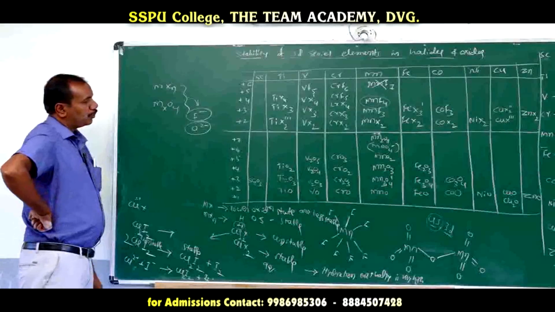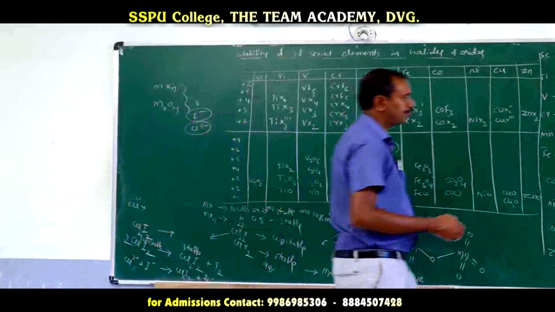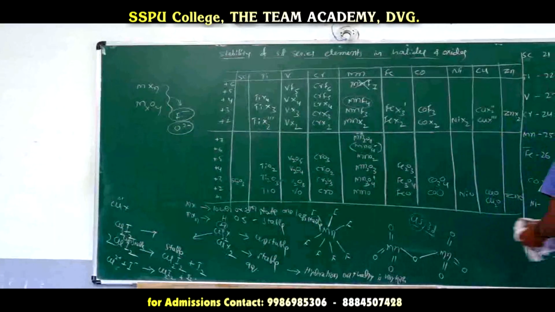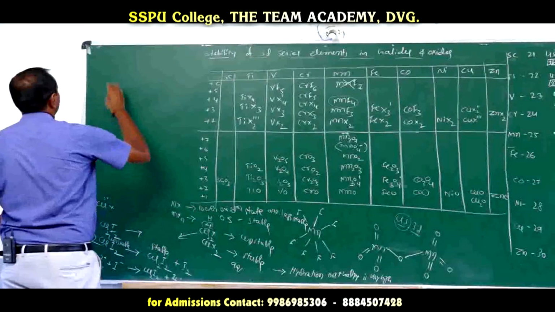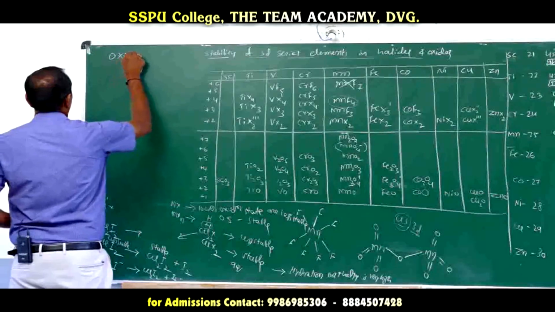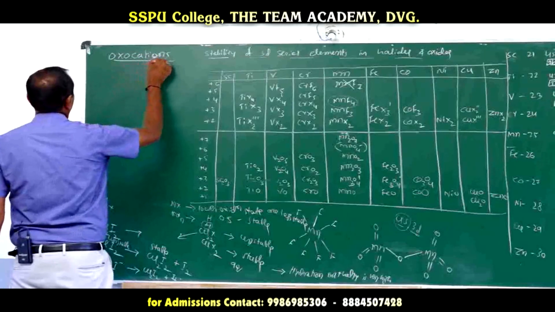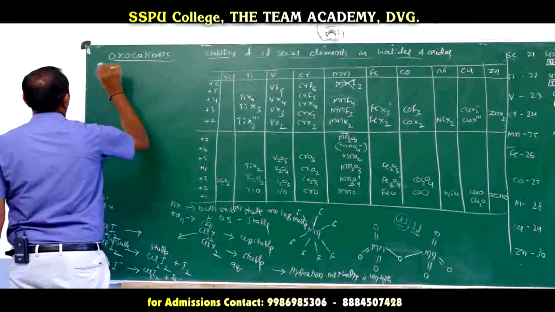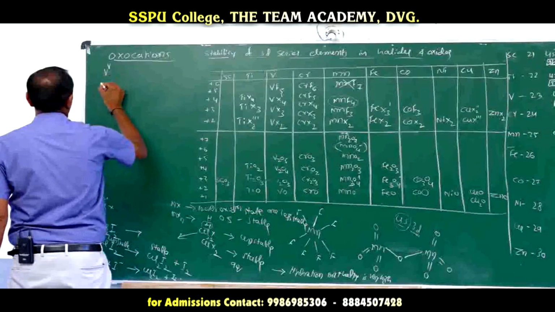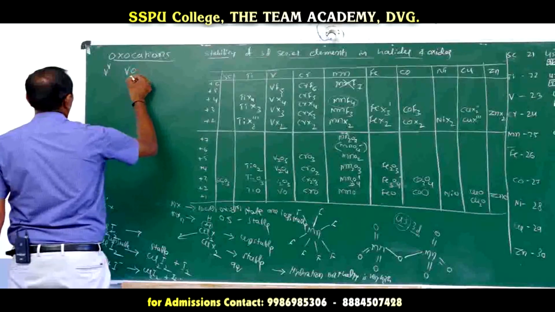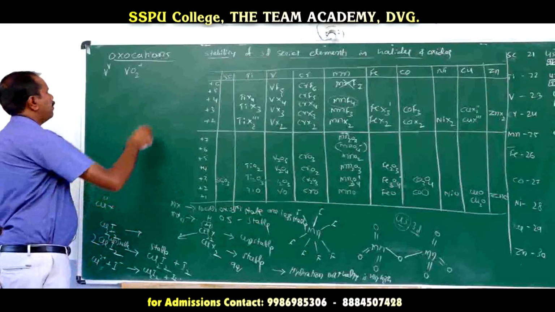Now we will go for oxocations and oxoanions. Let us see what oxocations and oxoanions are. The example for oxocations of vanadium: when the oxidation state of vanadium is 5, it is VO2+.